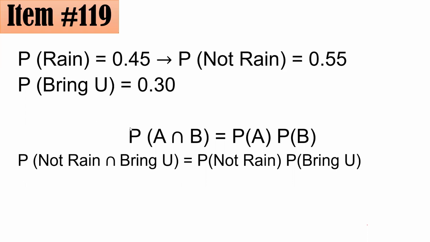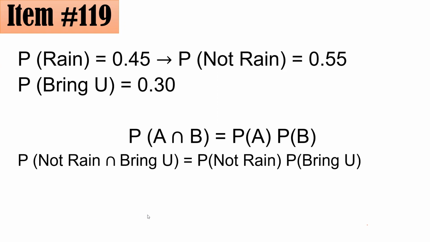So if I let A to be not rain, that it will not rain, and B, that I will bring an umbrella, and by substitution, the probability that it will not rain and I will bring an umbrella is equal to the probability that it will not rain times the probability that I will bring an umbrella.